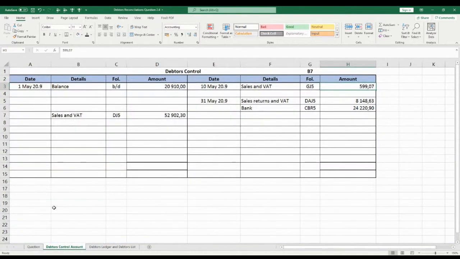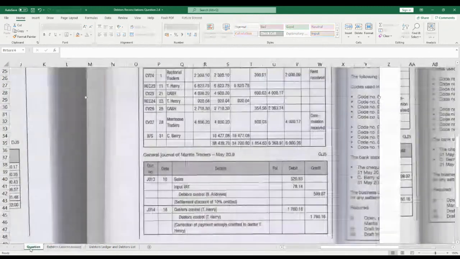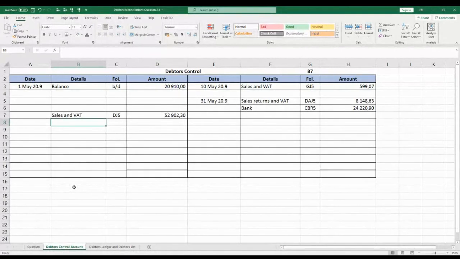Okay, so let's quickly see, what do we have to do with it? Where do the amounts go? Let's see if I actually captured it. Okay, no, I actually didn't even put it in here. So what you do, because it goes to debtors control and debtors control, you would basically have a debtors control on the left, debtors control on the right.